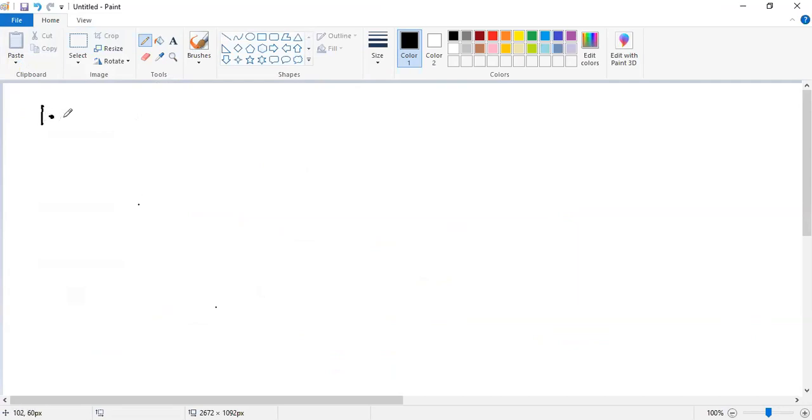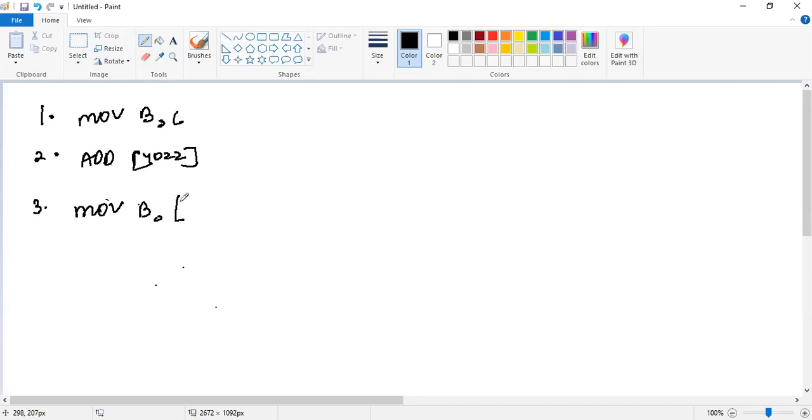For example, they may give you like this: MOV B,C. This comes for 5 marks. Then the second one, then the third one MOV D, and the fourth one let it be STC.